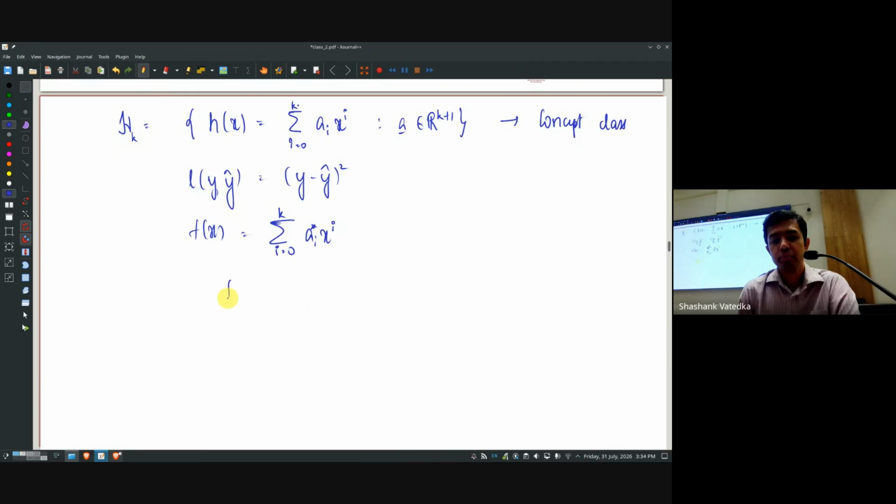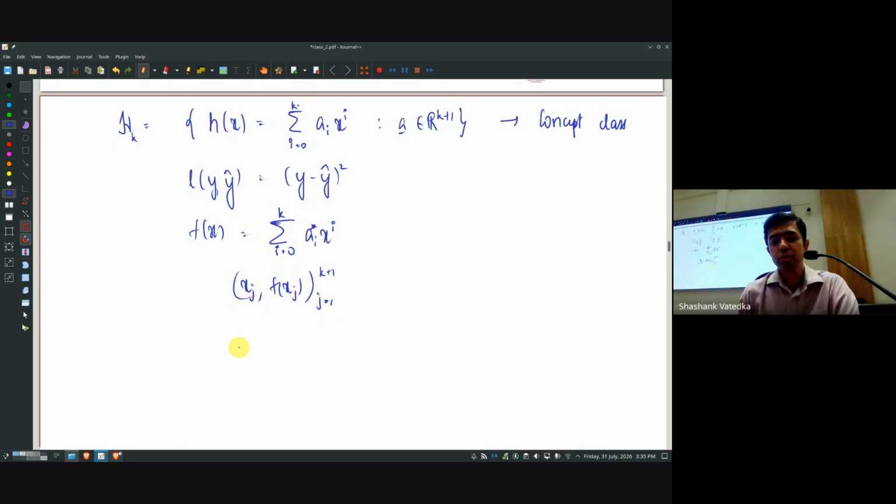So essentially what you're given are x_j, f of x_j, for j ranging from 1 up to n. In fact, k plus 1 distinct samples suffice.